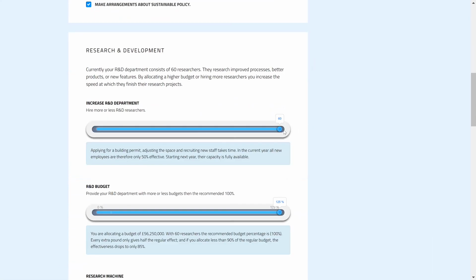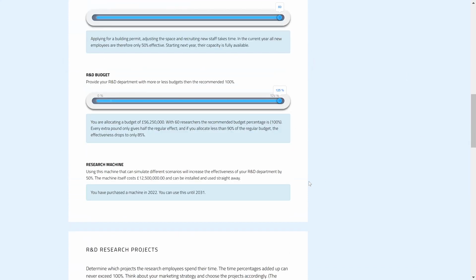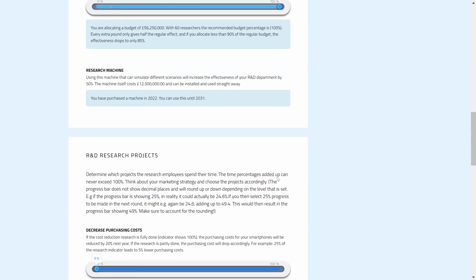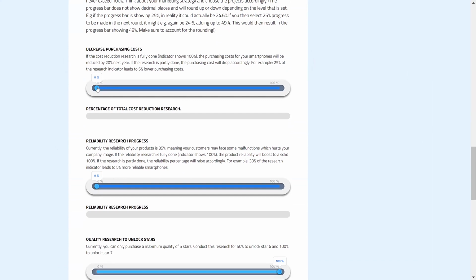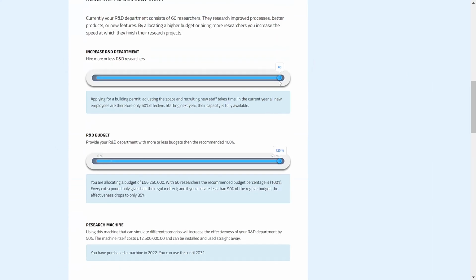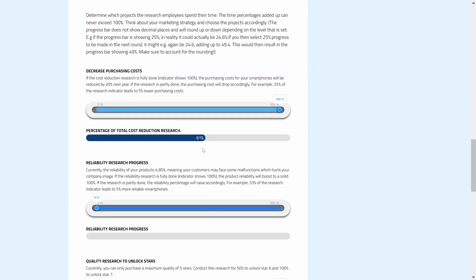You can hire more researchers to get a larger R&D budget. You can give each researcher more budget. And let's just use the max to show you what kind of progress you can expect. If I invest my entire R&D budget, a huge budget, we see below what kind of progress we can expect.